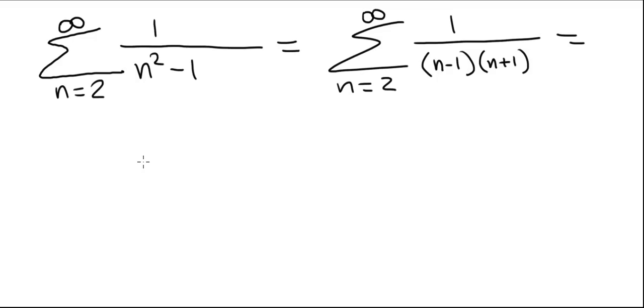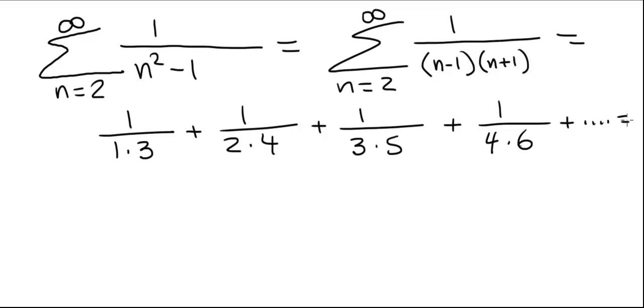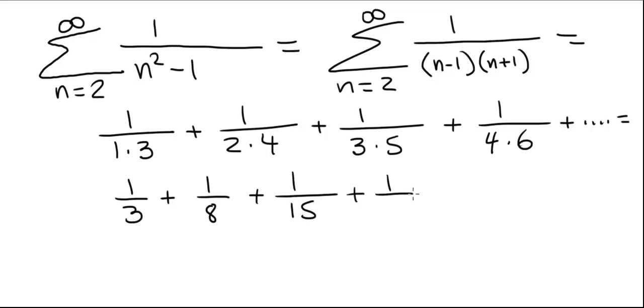When n is equal to 2, this is 1 divided by 1 times 3, plus 1 divided by 2 times 4, plus 1 divided by 3 times 5, plus 1 divided by 4 times 6, and so on. So this is equal to 1/3 plus 1/8 plus 1/15 plus 1/24 and so on.